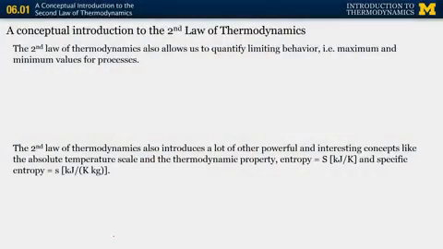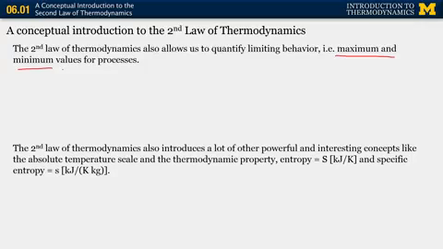And we're not going to do that type of analysis in this class, but we do need some core information that the second law of thermodynamics provides. So what are those pieces of information we need? Well, the second law of thermodynamics also tells us limiting behavior, ideal expectations.